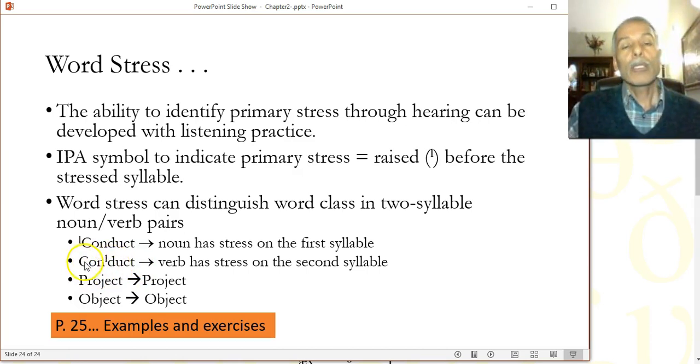And the first syllable will be weaker. Project, project, object, object. So when you change the stress pattern, you are going to make the meaning different. So now pause, please, and then go do the examples and the exercises, and then come back.